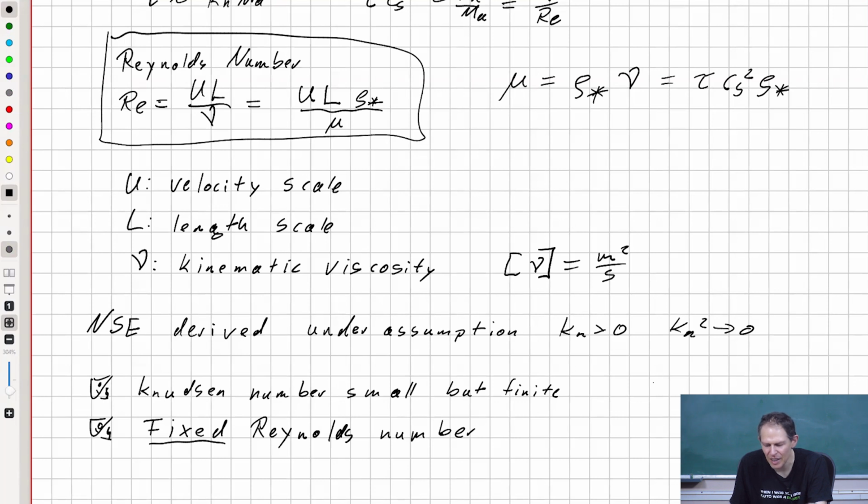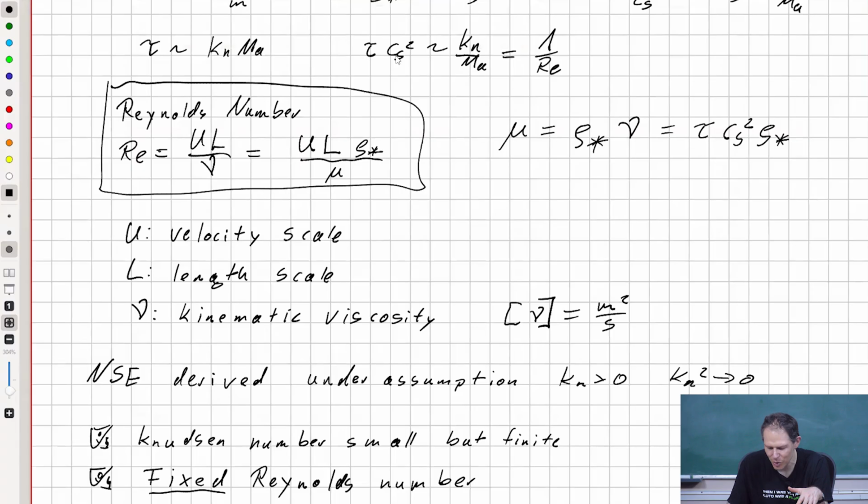We saw that if we make tau smaller and smaller and smaller, what we get is actually the Euler equation. And the Euler equation is something that you get if you go with your Reynolds number to infinity. So we see in the Navier-Stokes equation, this tau cs square is 1 over Reynolds number.